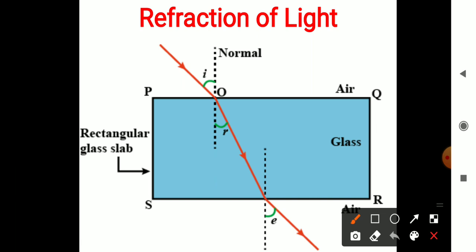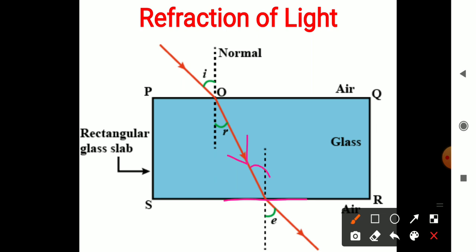Now what happens at this surface? This refracted ray acts as an incident ray for this surface. When it moves from a denser to a rare medium, it will bend again, but with a larger angle.